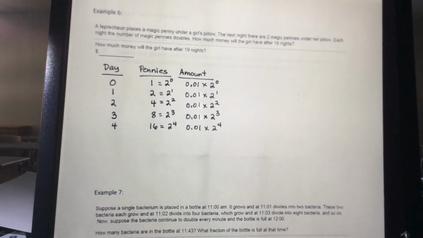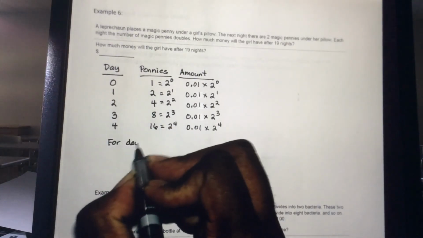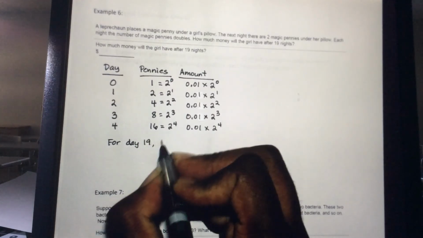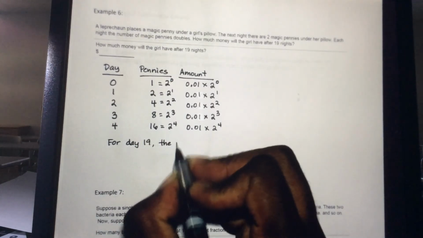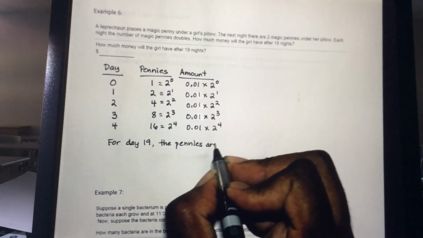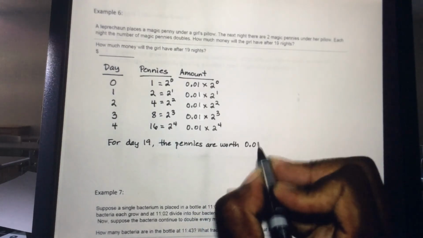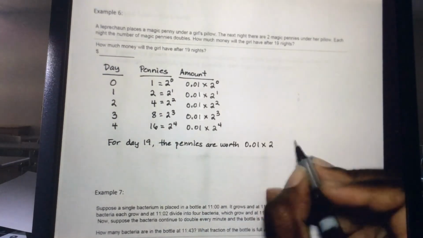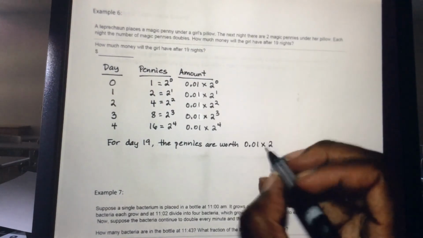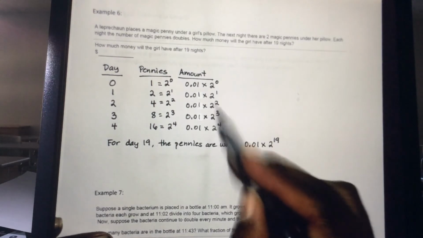Okay, now, let's see, for day 19, the value of the pennies are going to be worth this, 0.01 times 2 raised to the 19th. Okay? Based on this pattern right here.